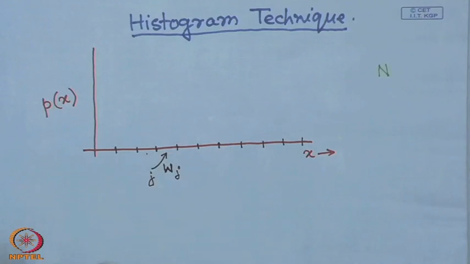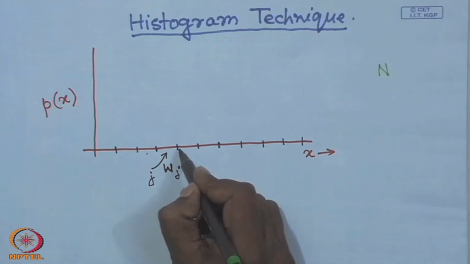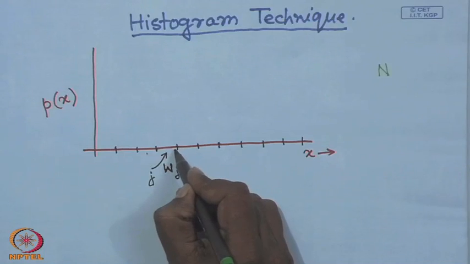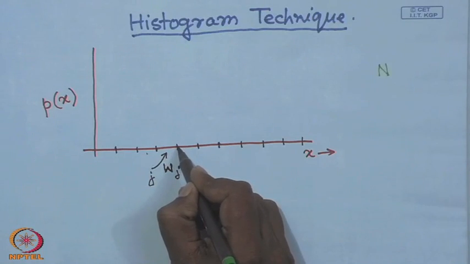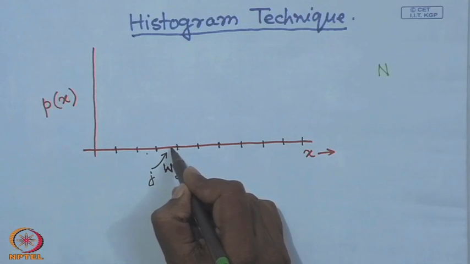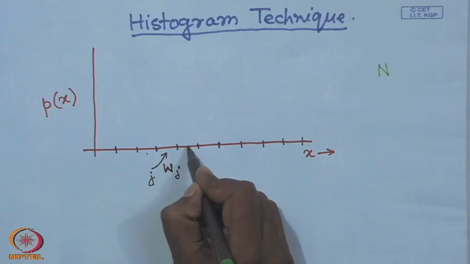In such situations, obviously there is an ambiguity whether that sample should be considered to belong to the jth interval or to the j minus first interval. Similarly, if the sample falls on the boundary between the jth interval and the j plus first interval, there is an ambiguity whether it belongs to the jth interval or the j plus first interval.